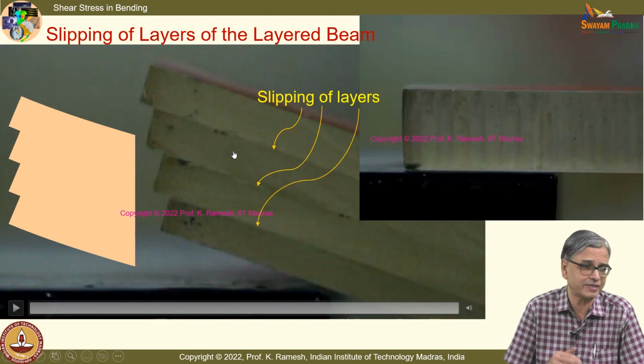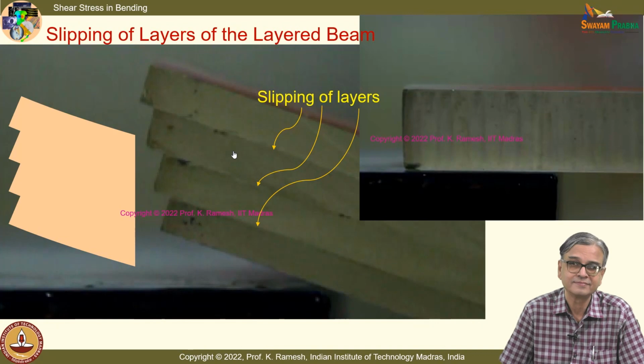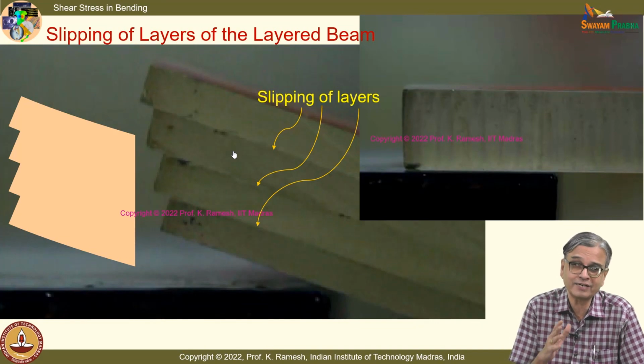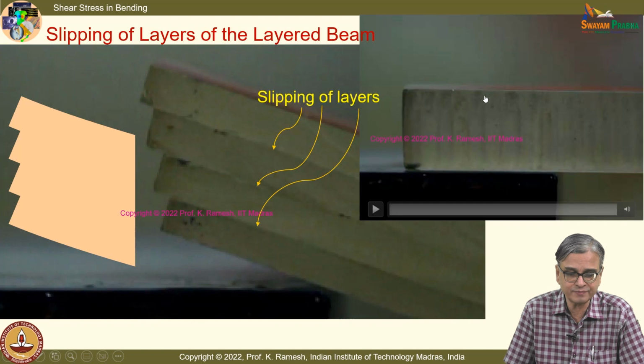Make a sketch out of it. I wanted to make a sketch. It's a very important observation. I am not sure how many of you have made this observation when you did this experiment and carefully looked at what happens and why it happens. All are important. See, now what we will do is, we will also see the solid beam, how it gets deflected.